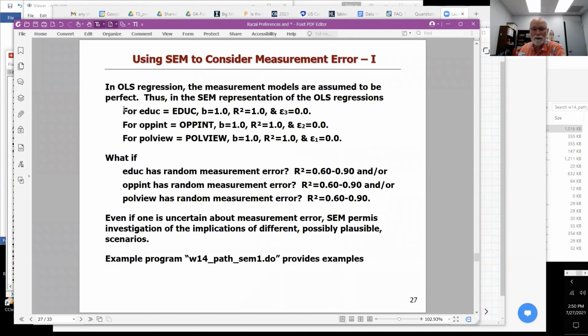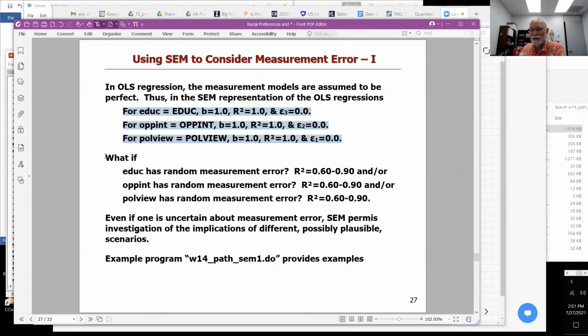In SEM, you could, in theory, go back and reevaluate your measurement assumptions. And the ideal would be you would actually test the measurement model. So the assertion that I made is to say that these assumptions, which imply the measurement model is perfect, are hard to believe. But nevertheless, that's what we are implicitly asserting in a single equation approach.